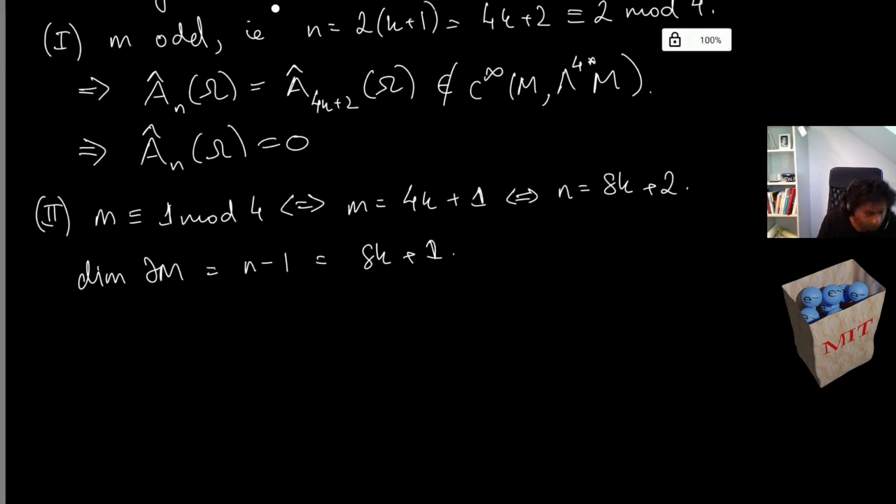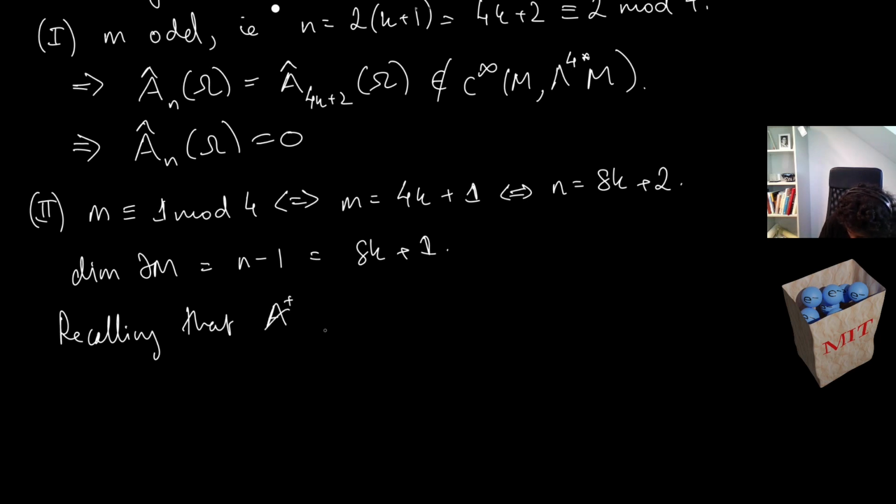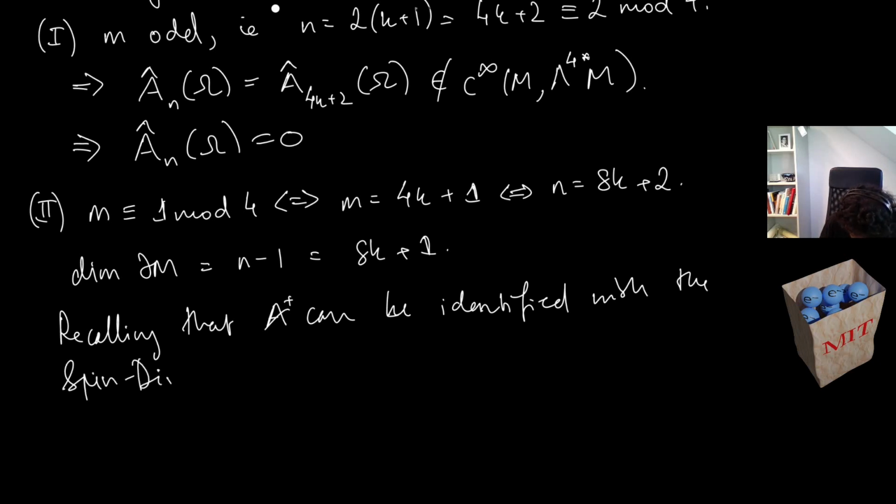So now we have to really use the fact that A plus can be identified with the spin Dirac operator on the boundary.